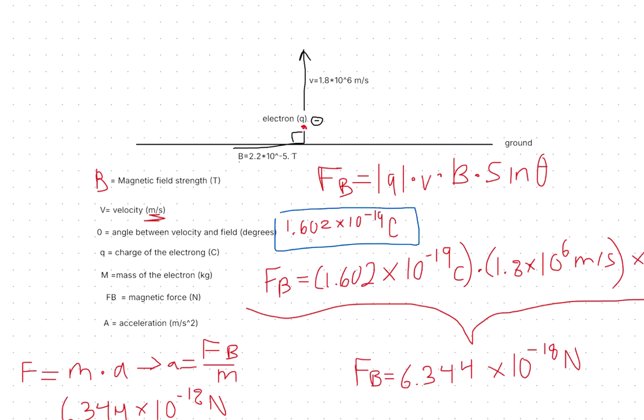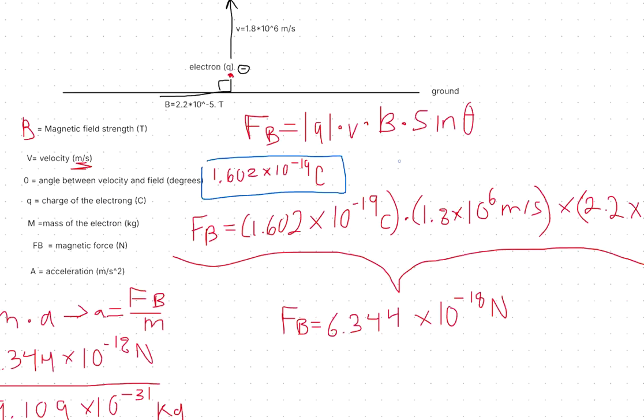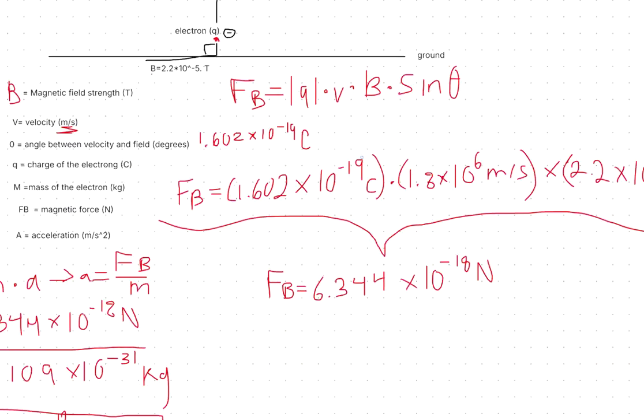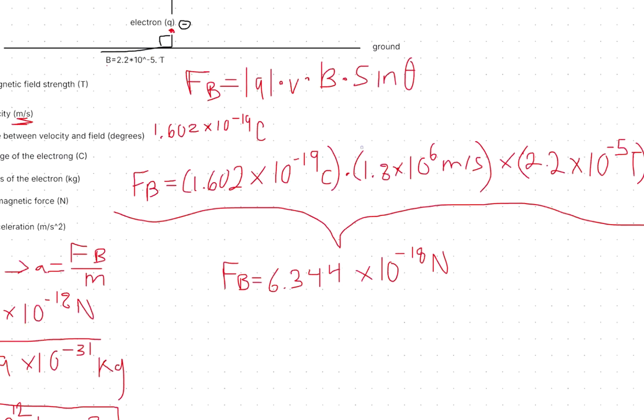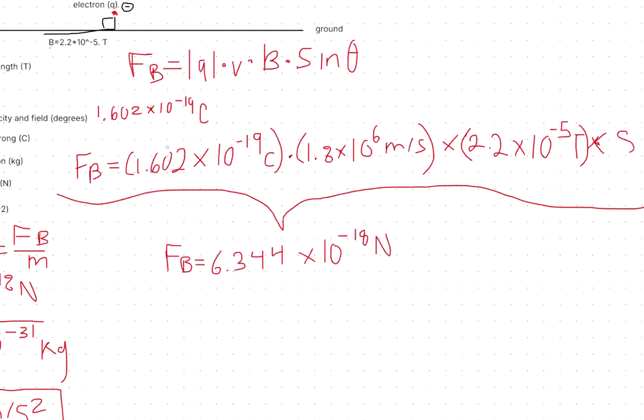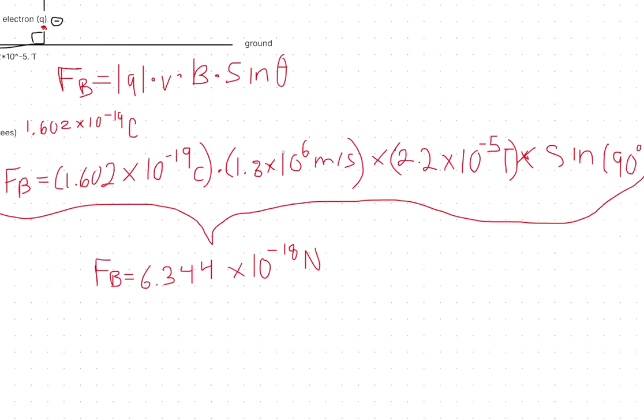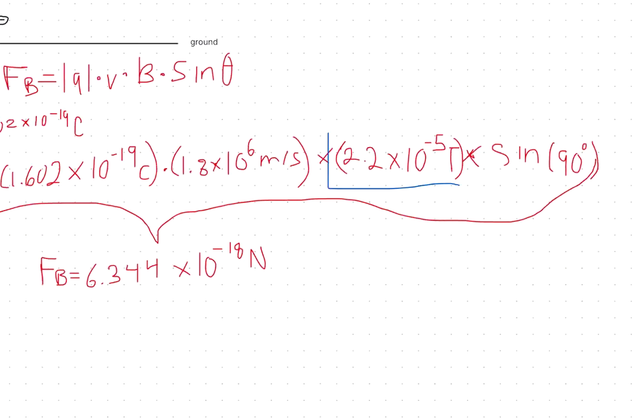And when we plug that in, then multiply by the speed given in the problem, which is 1.8 times 10 to the 6 meters per second. And then we multiply by the magnetic field, which is 2.2 times 10 to the 5th Teslas.